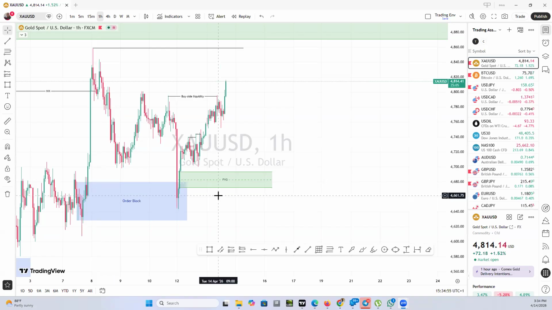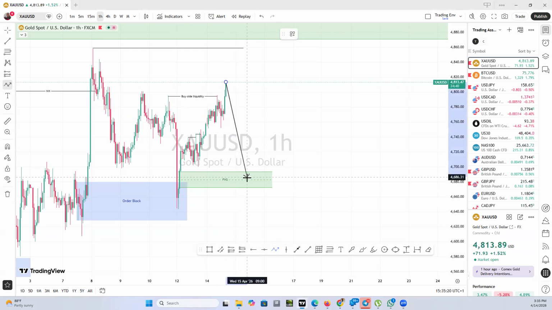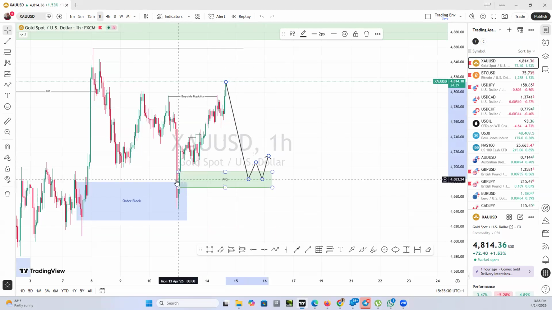Actually, on gold, I'm expecting to buy from either the FVG or the order block, because the FVG is the magnet. If the market gives us a pattern to buy from here, like a change of character under 5 minutes, we are going to buy from the FVG.